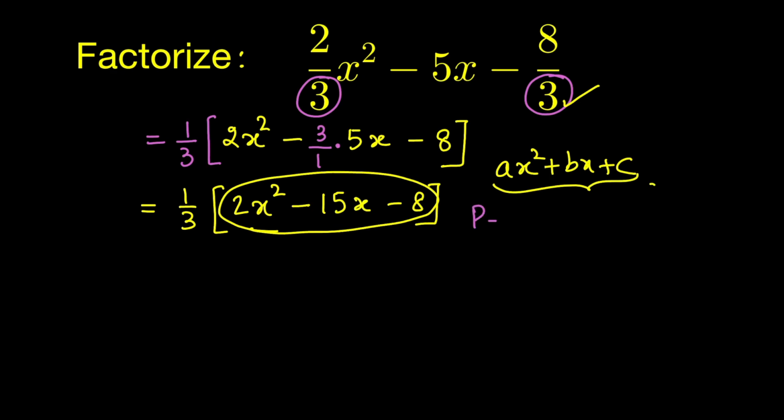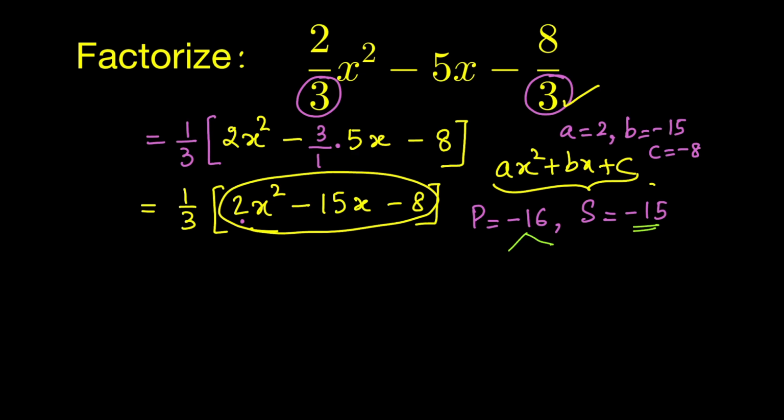The product is a times c. So what is a? We write a as 2, b as minus 15, and c as minus 8. So a times c is minus 16, and the sum is b, which is minus 15. We look for two numbers whose product is minus 16 and sum is minus 15.